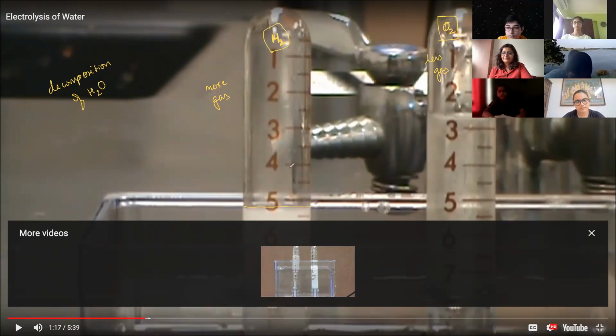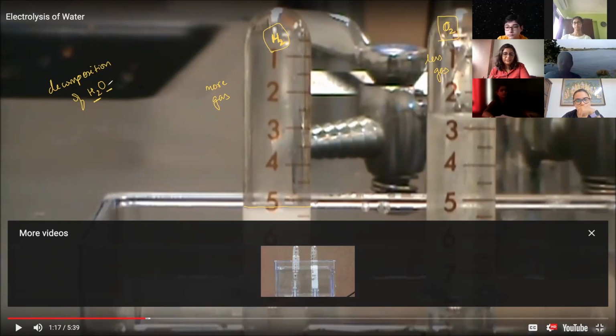What I thought at first was that in the water compound, we know that there are 2 atoms of hydrogen and one atom of oxygen, and it is in the ratio of 1:8, I guess. So taking that into consideration, we should have oxygen less and hydrogen more.